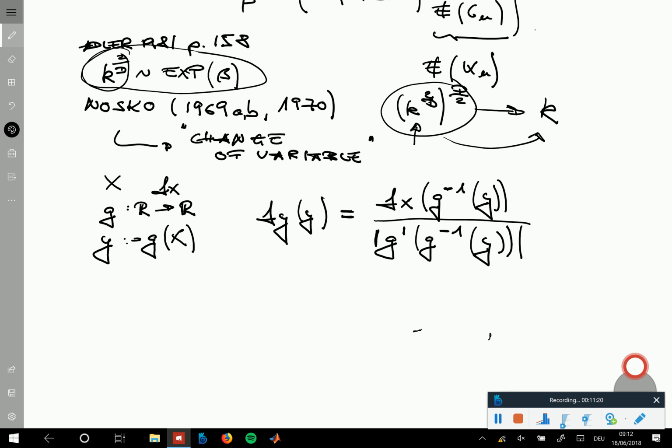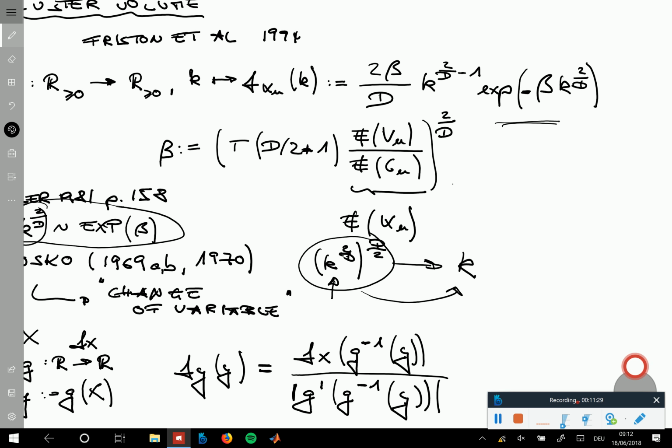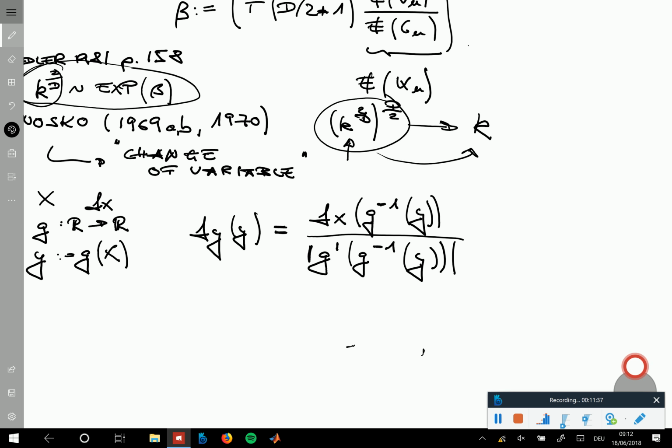And so you need to compute also the derivative of g. This is actually where this 2d minus 1 comes from, because if you have something to the power of something, then you need to subtract 1 if you compute a derivative. So just as a side note, this is where this comes from. You have to evaluate this at the location of the inverse.